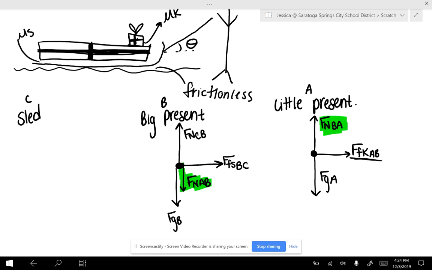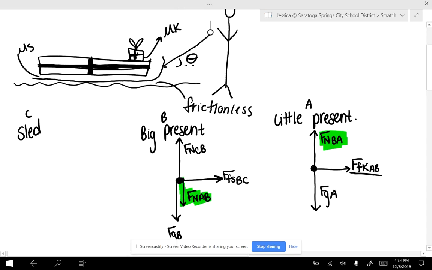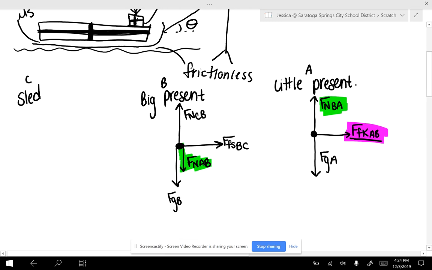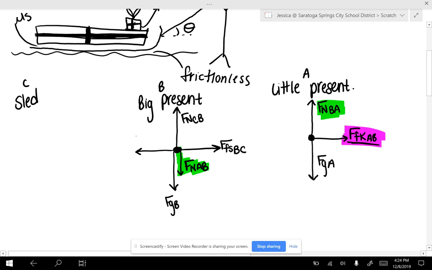Now remember, there's also a force of friction between the interaction of surfaces A and B. So we have our second force pair: if there's a force of friction from the interaction between A and B pointing to the right on box A, then there needs to be one pointing to the left on box B, and these have to be equal. And that is it for box B.